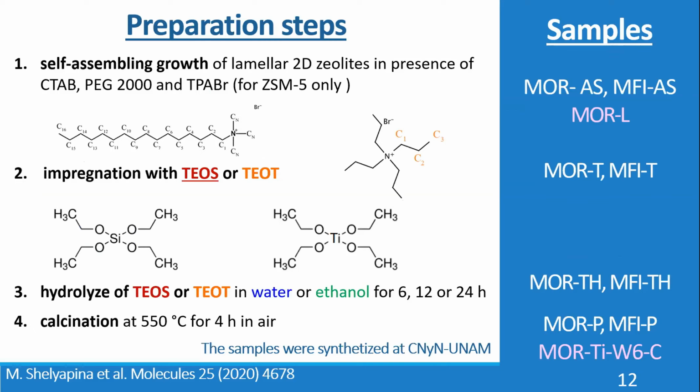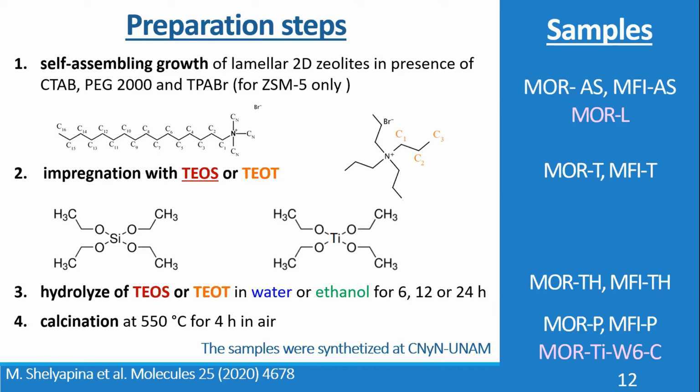The preparation of these materials includes four steps. First is the self-assembling growth of lamellar layered 2D zeolites in the presence of a so-called organic structure-directing agent, and in our case, this is cetyltrimethylammonium bromide.